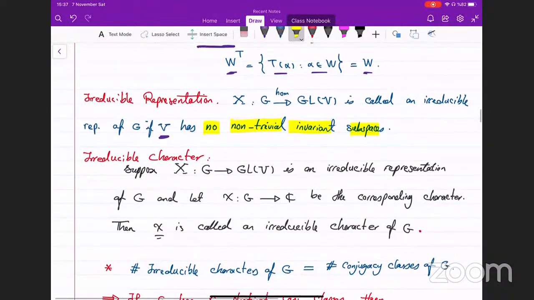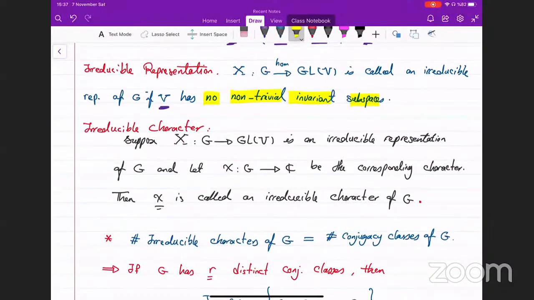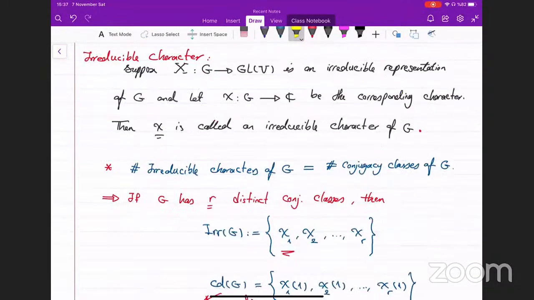So whenever I have an irreducible representation, the character afforded by an irreducible representation is called an irreducible character. So this is what I explain here. An irreducible character is a character which is afforded by an irreducible representation.